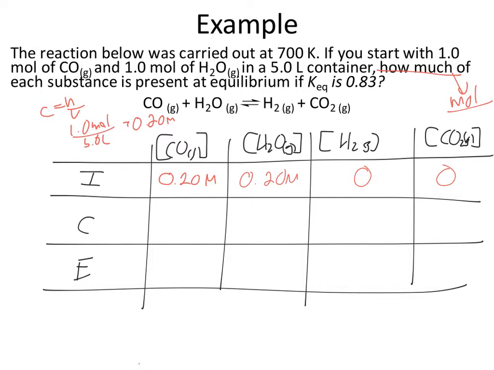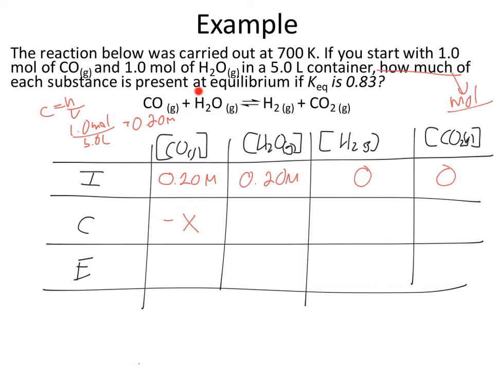Now, what is going to be our change? Our change is some variable, and it's respective to the coefficient they have in the balanced equation. This is easy because all of our coefficients are 1, 1, 1. The change that's going to be happening is going to be x. We're going to call that x. And because this is a reactant, it will be consumed, and we show that using a negative. The same thing for water.